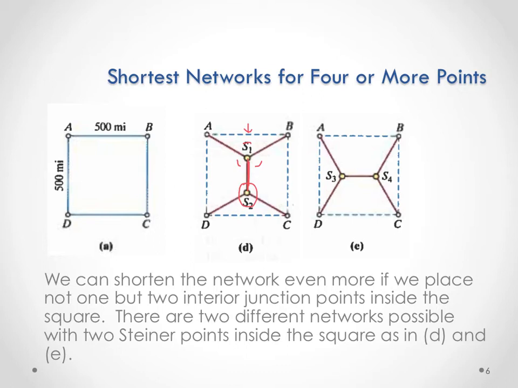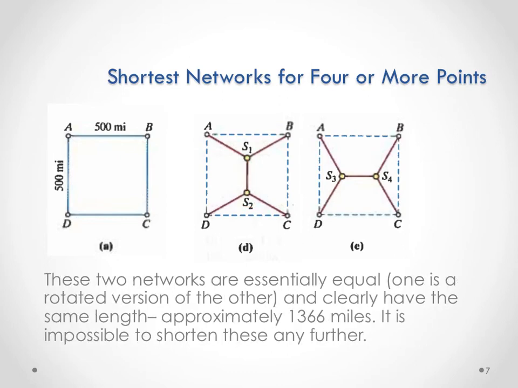Then we will actually find the minimal spanning tree. So in this figure, the rule still applies, as a Steiner point provides you with the most optimal network. Of course, you've got to be kind of creative on how you use it. If we were to measure this, it would measure out to approximately 1,300 miles. So we were able to beat the 1,400 and the 1,500 simply by using the Steiner point.